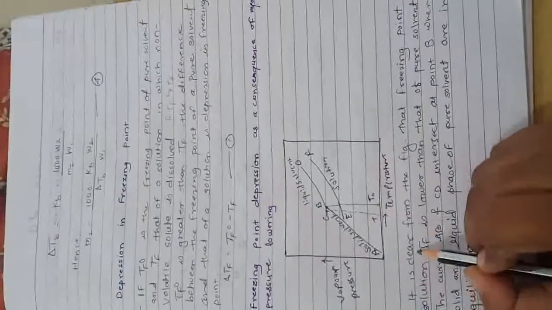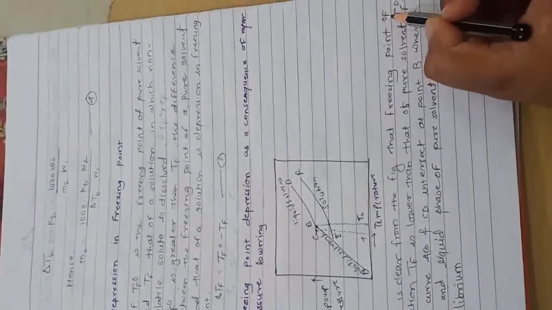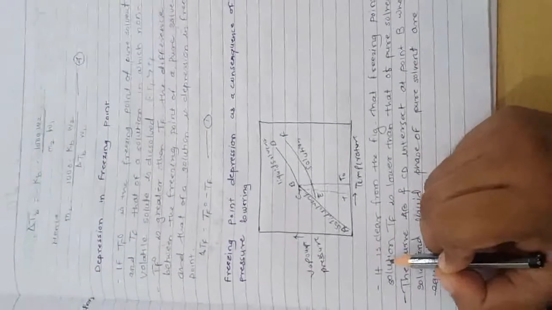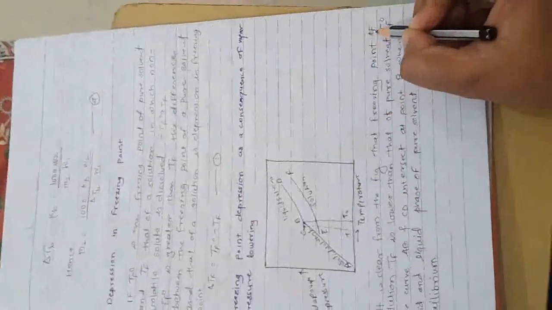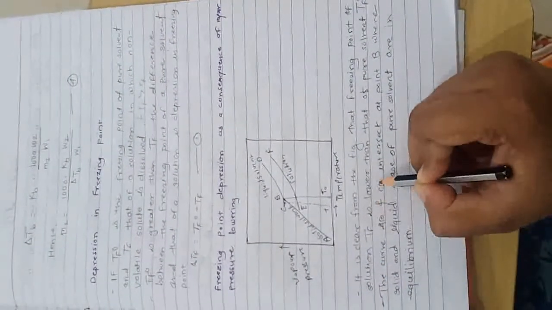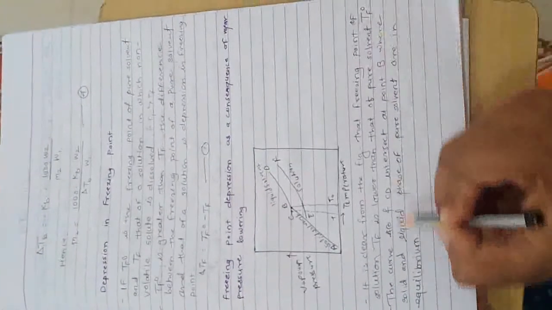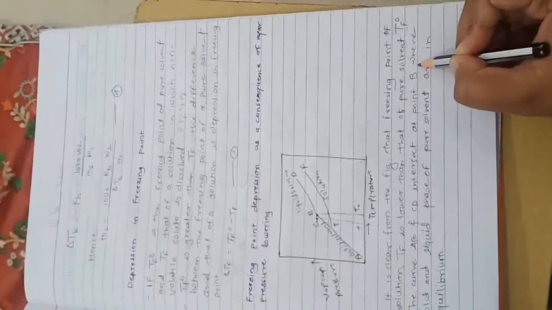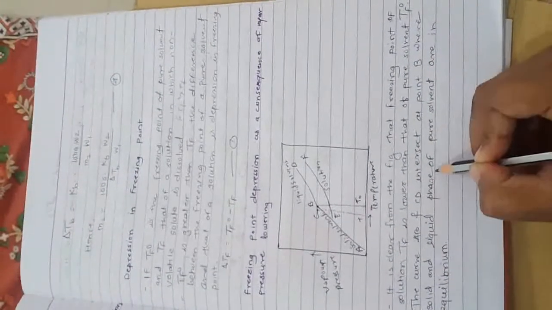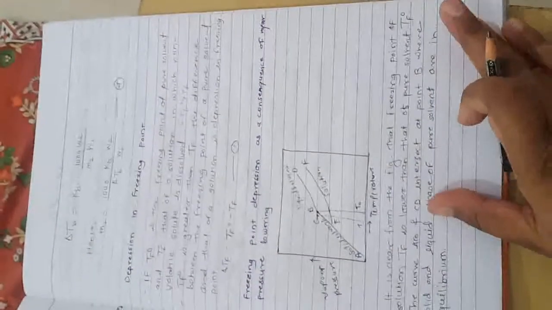It is clear from the figure that the freezing point of the solution TF is lower than that of the pure solvent TF0. The curves AB and CD intersect at point B, where the solid and liquid phases of the pure solvent are in equilibrium.